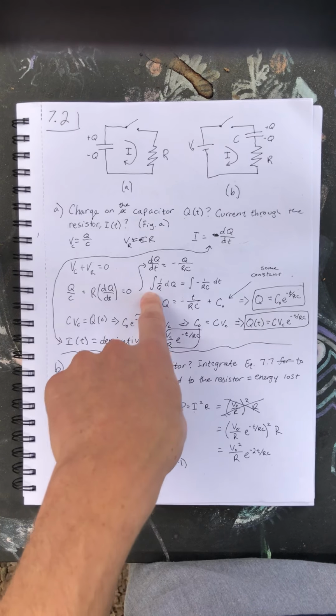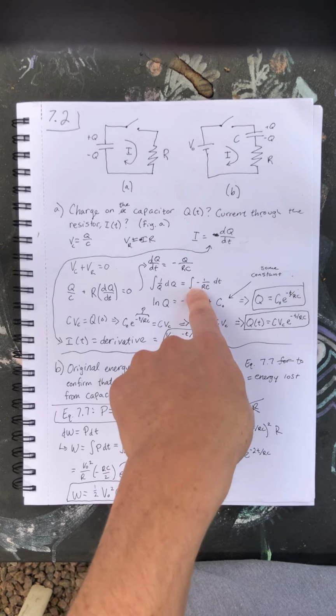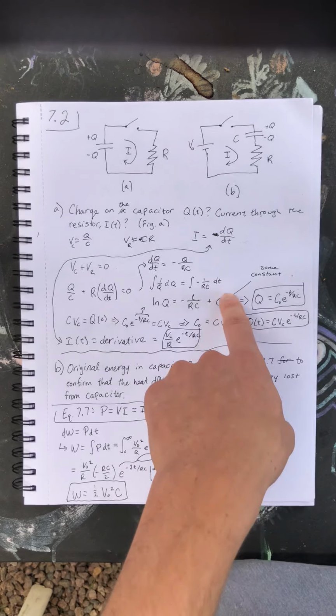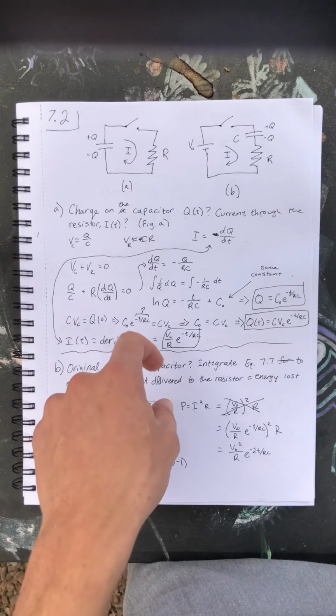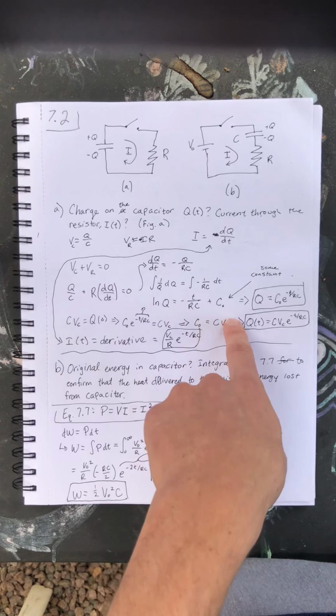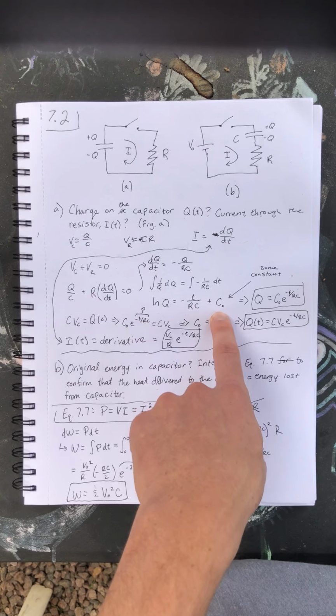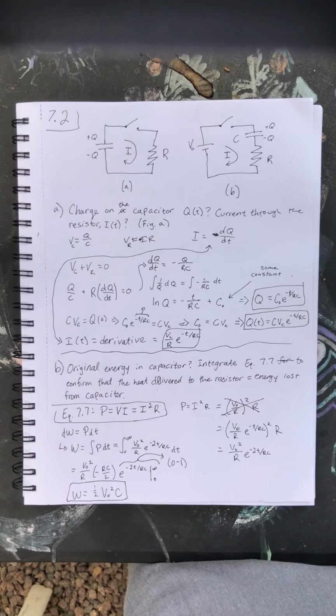So we'll have the integral of 1 over Q dQ equals the integral of negative 1 over RC dt. This is going to yield ln of Q equals negative t over RC plus C naught. This could be any letter. I just use C naught as a constant, seeing as it's usually plus C, but C is already being used.